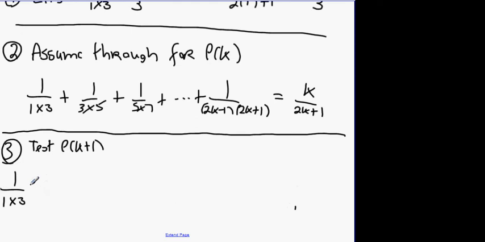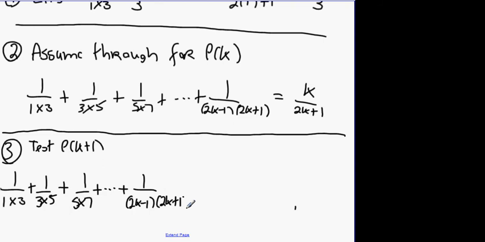So plus 1 over 3 multiplied by 5 plus 1 over 5 multiplied by 7 plus dot dot dot plus, now this is the kth term, 2k minus 1 all over 2k plus 1. If you will, this is the Tn, so we have to find out what k plus 1 is.